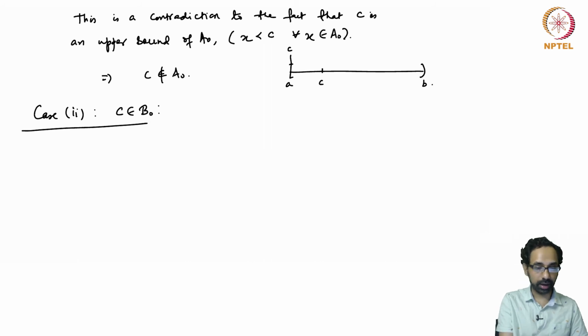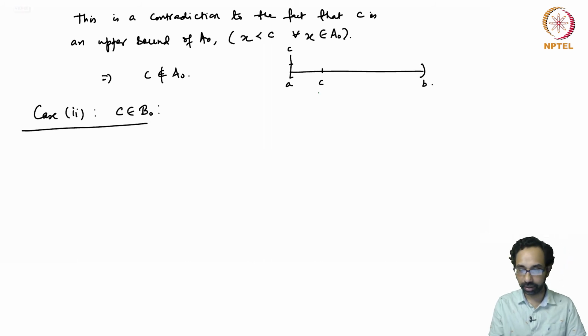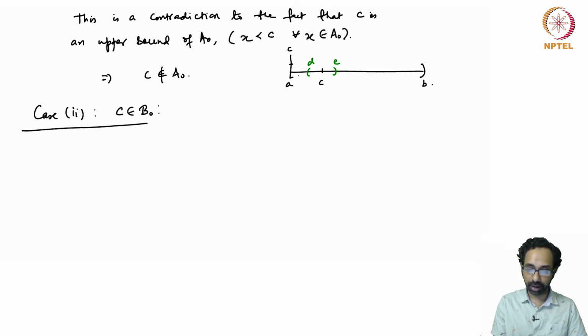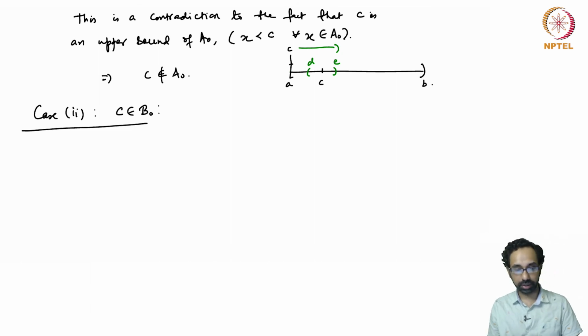If C was strictly greater than A, then we can choose a basis element like this, and if C is equal to A, then we choose the open interval CE with C included. So this was the first case.